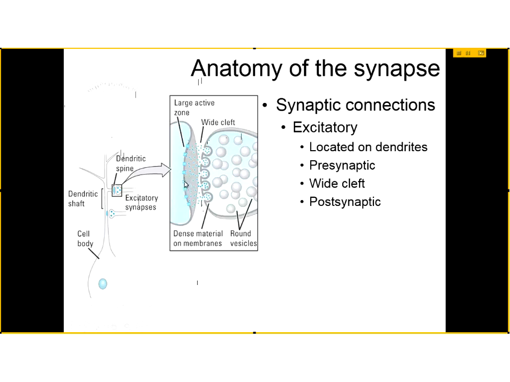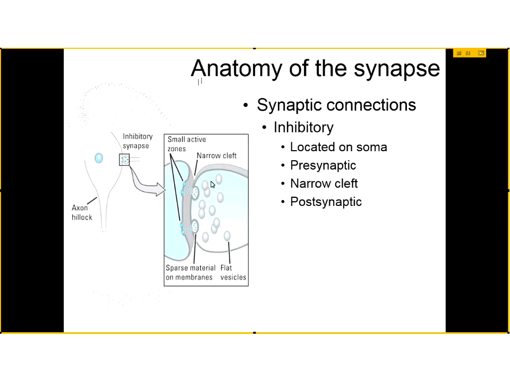There's also a large active zone postsynaptically, where there are a lot of receptors connected, and a lot of neurotransmitter is being released. So those are characteristics that you would see in an excitatory synapse. They're primarily located on dendrites.